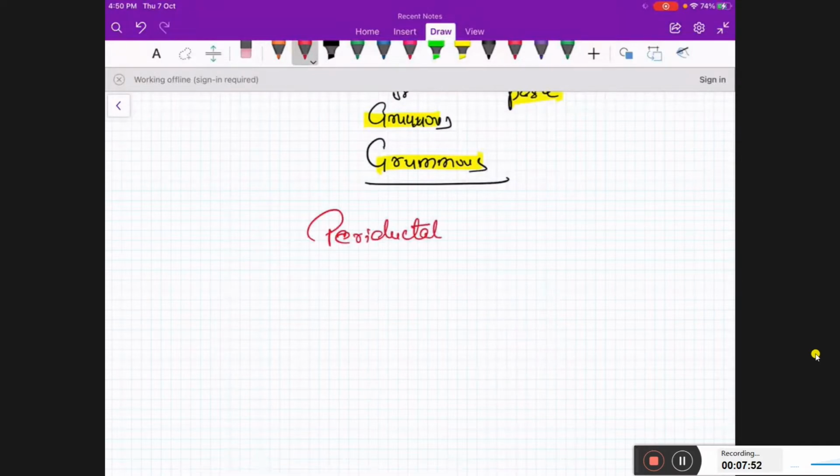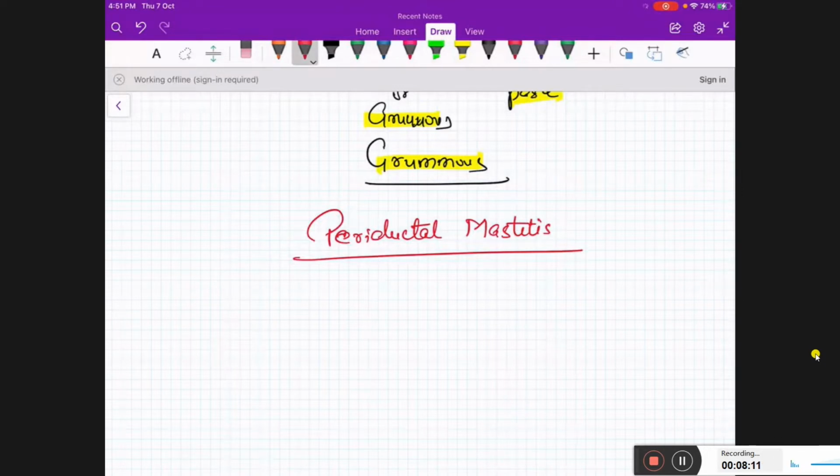Periductal mastitis. That will be called periductal mastitis. It is associated with any color discharge, if it is duct ectasia.